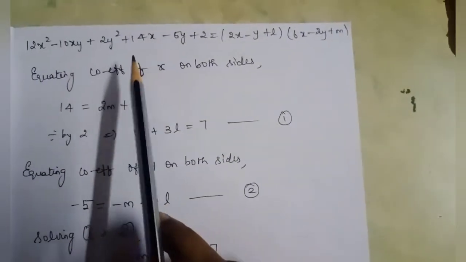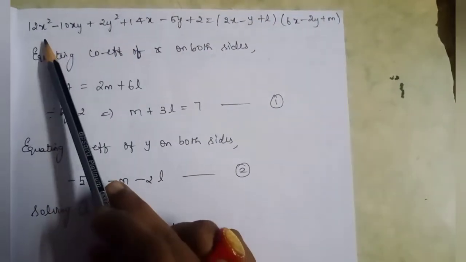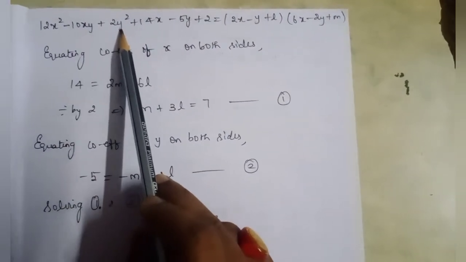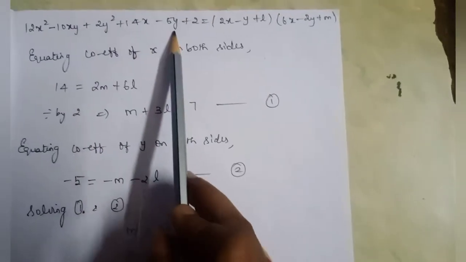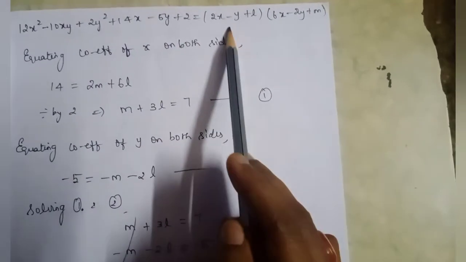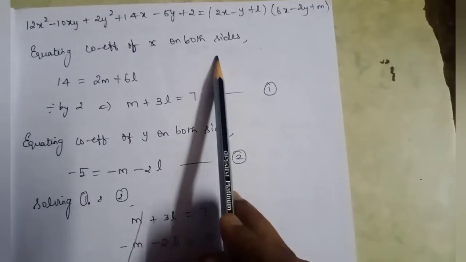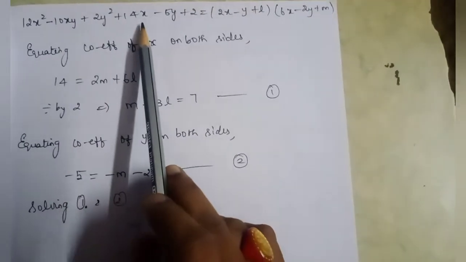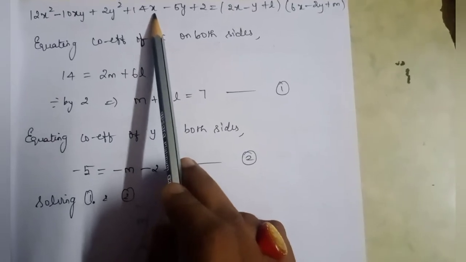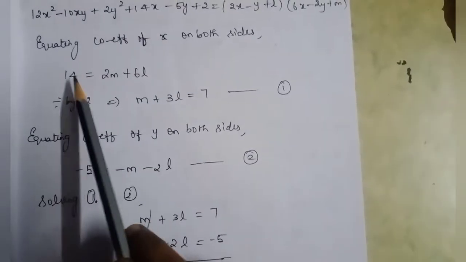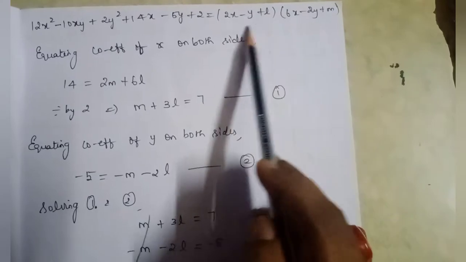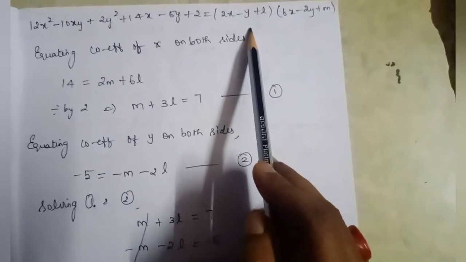Listen carefully. I will write the actual equation, that is 12x square minus 10xy plus 2y square plus 14x minus 5y plus 2 is equal to the separate equations which I have found now. Now equating the coefficient of x on both sides. Listen carefully, what is the coefficient of x over here? It is 14. So 14 is equal to, here from this expression I have to find the coefficient of x.